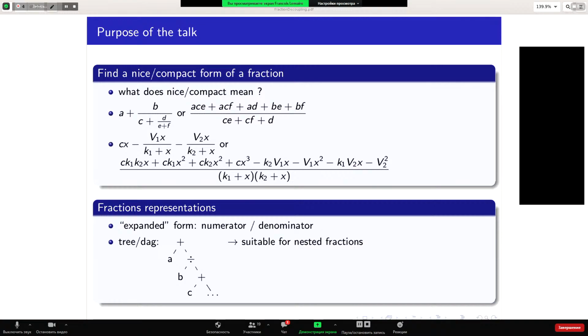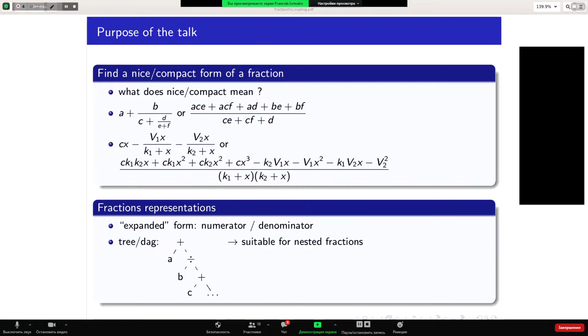So fractions are a bit tricky because they can have many different representations, and the two obvious representations are the expanded form, so the quotient of a numerator and a denominator, and another form is to use a tree, or more generally a DAG of operations.